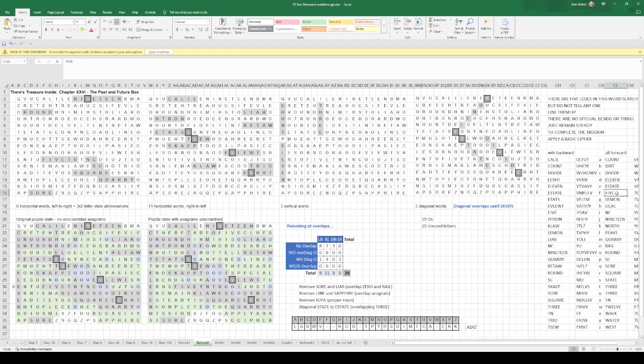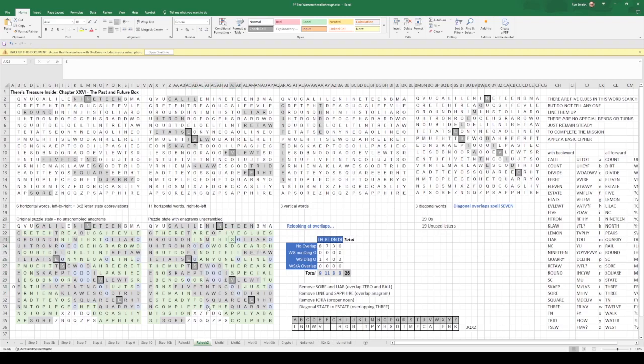In this case, there are 5 overlaps with diagonal letters. 19 unused letters. 1, 2, 3, 4, 5, 6, 7, 8, 9, 10, 11, 12, 13, 14, 15, 16, 17, 18. 19 unused letters. 19 O's. So 19 can stand for 19 unused letters, and it can also stand for 19 O's.